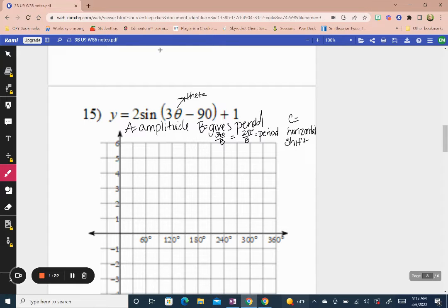Okay, so that's going left to right. If it's theta minus a number, we're going to the right. If it's theta plus a number, we're going to the left. This is actually on that paper I gave you when we first started graphing them.